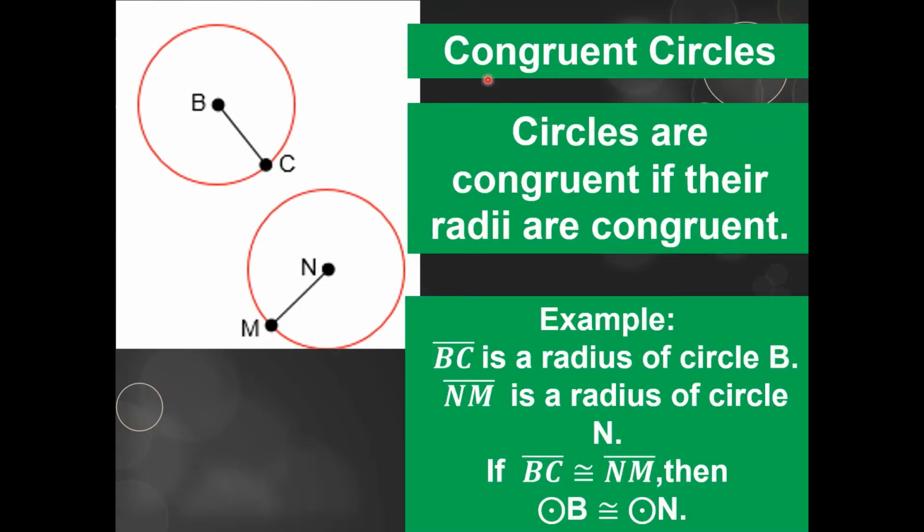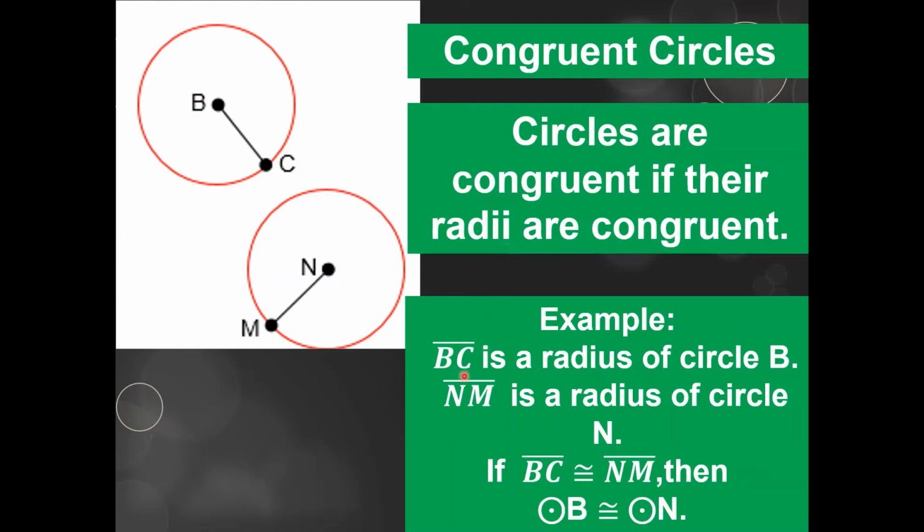Another relationship is congruent circles. Circles are congruent if their radii are congruent. Radii is the plural form of radius. So if the radii of two circles are congruent, then these two circles are congruent.